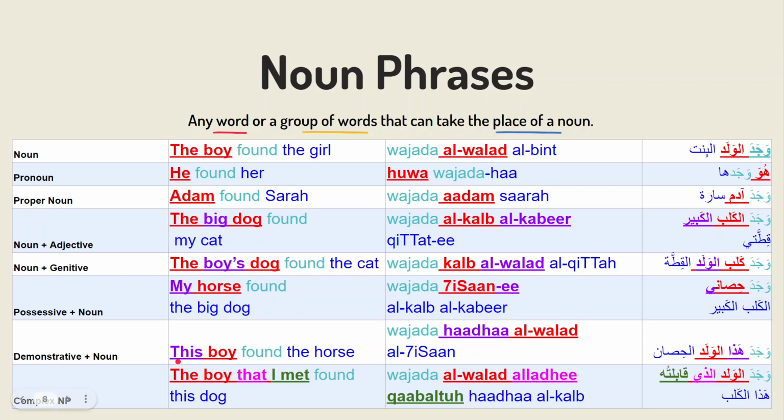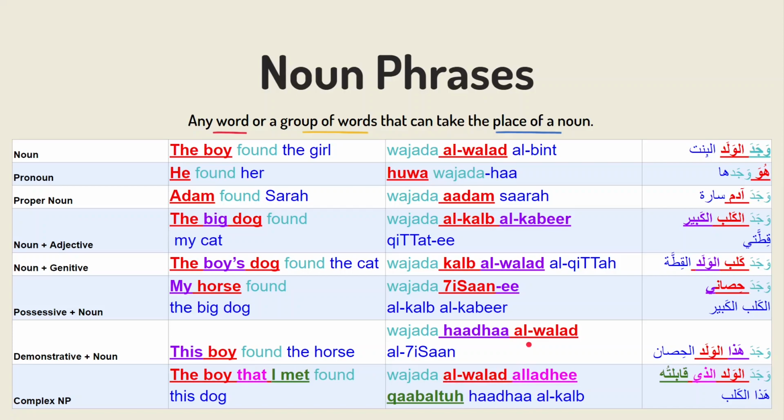And demonstrative, this boy found the horse. وجد هذا الولد الحصان. Or the complex noun phrase, the boy that I met found this dog. وجد الولد الذي قابلته هذا الكلب.